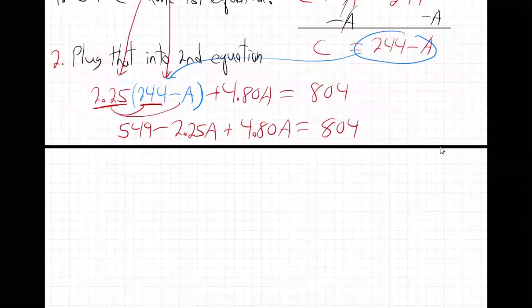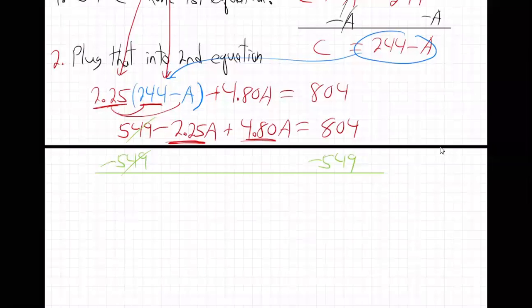Now we can just subtract 549 from both sides. And then minus 2.25A plus 4.80A, that's 2.55A. So I just combine those two there.